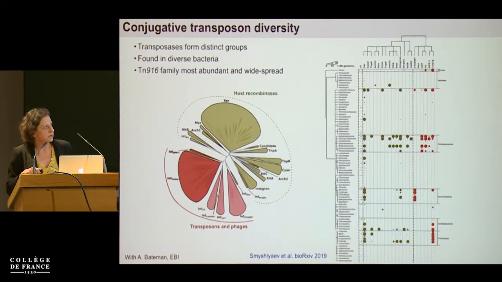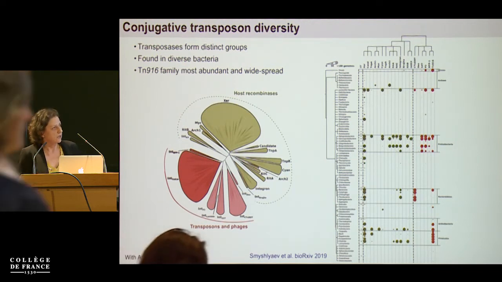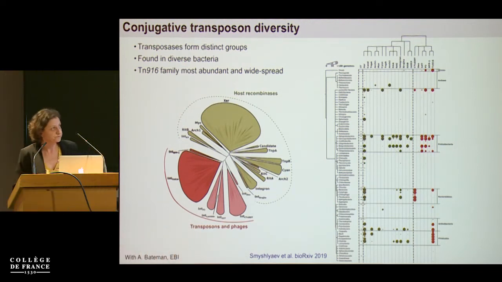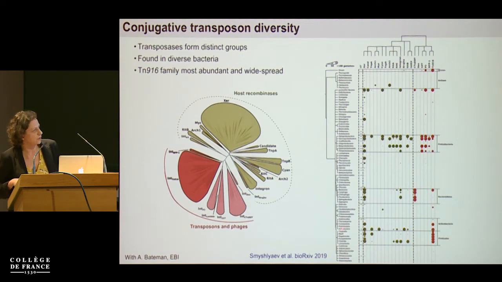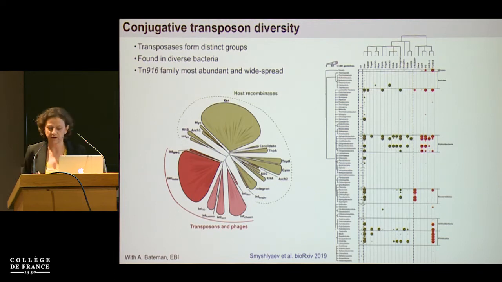On the right side, you can see the abundance of these elements in different types of bacteria. The last column illustrates the TN916-like elements, and you can see that they are present in very diverse types of bacterial taxa.